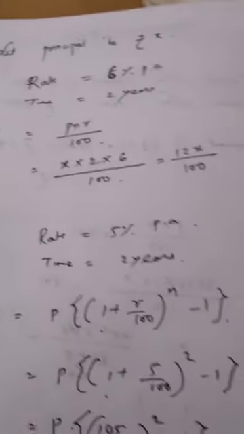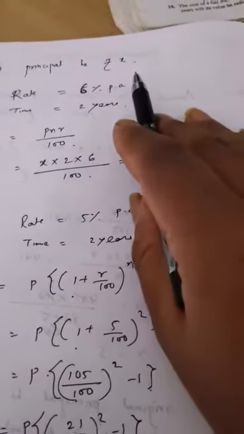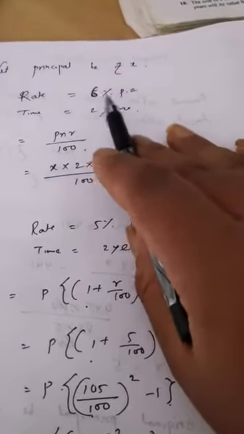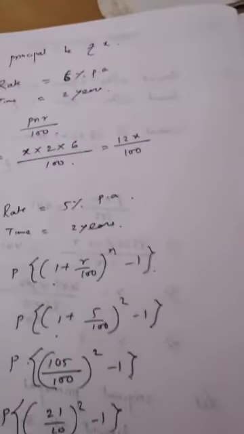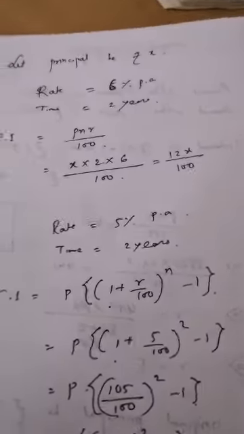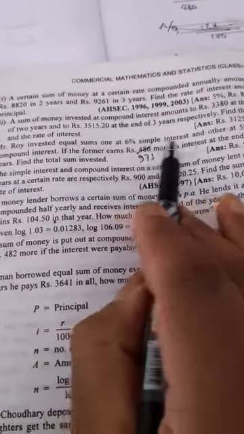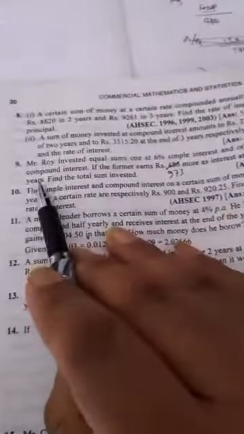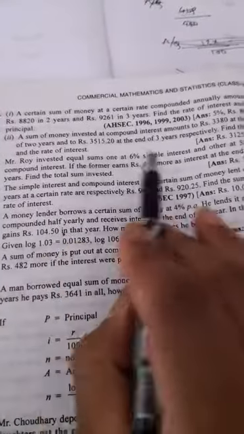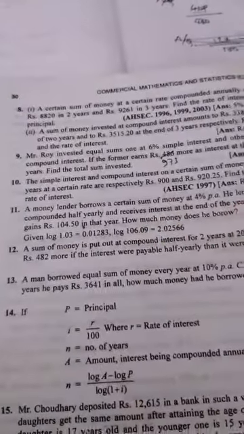So what I have taken here, see, let the principal be rupees X. Now the first rate given is 6%. Time given is 2 years. See the question again. Mr. Roy invested an equal sum, one at 6% simple interest and the other at 5% compound interest. If one is simple interest, the other one is compound interest.